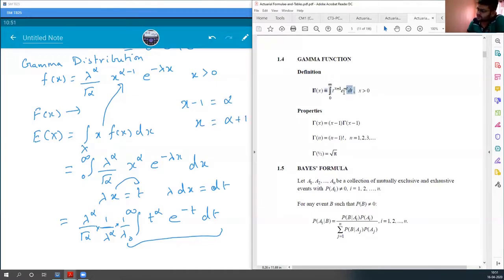And we can now substitute that to gamma of alpha plus 1. So after the cancellation I'll get 1 by lambda times gamma alpha into gamma of alpha plus 1. We have substituted this integration because of the gamma function.